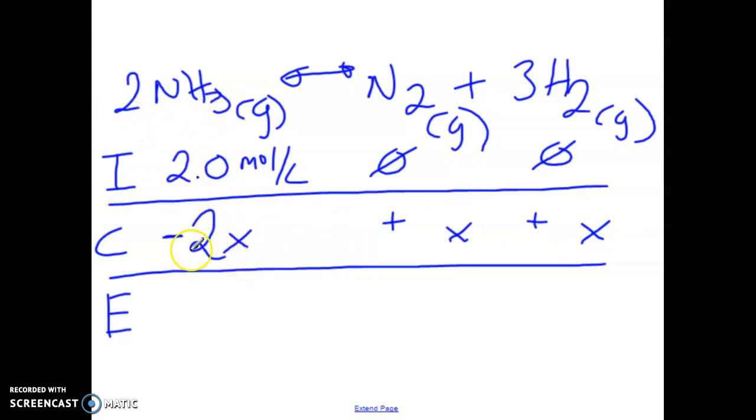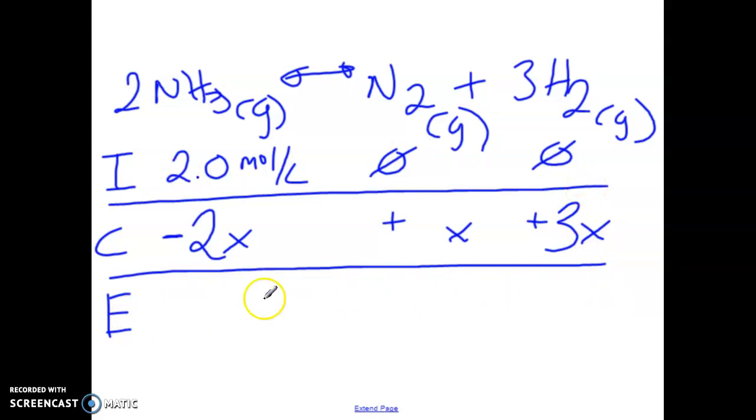So this reactant is going down by 2x because of the coefficient 2. Nitrogen is going up by just 1x, so it's just x, but the hydrogen should be 3x. So whatever the change is that's happening, it's going to be twice as much of a change for ammonia and 3 times as much of a change for hydrogen, simply because of the ratios.